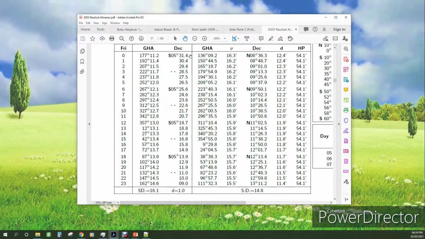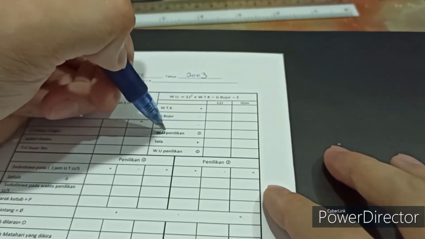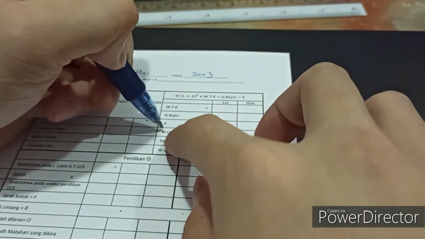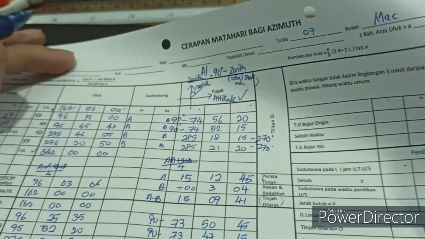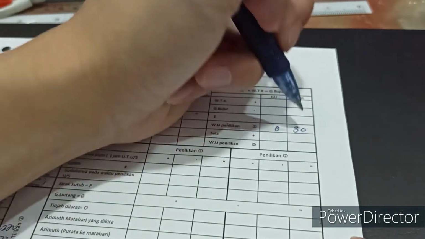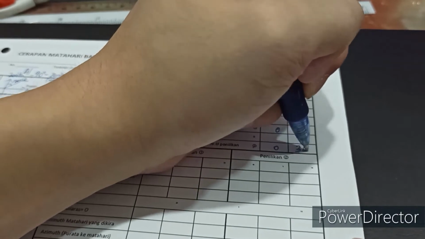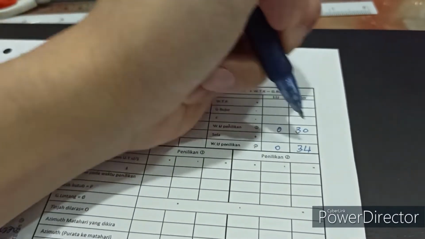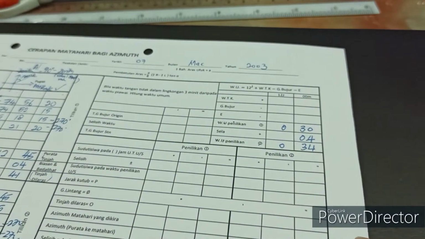So we go back to the booking form. For the booking form, we have to write down the Waktu Universal, which we get from here, this value. We copy. And for the Waktu Universal for set 2, it is the same. So the difference between these two times is 0.4.